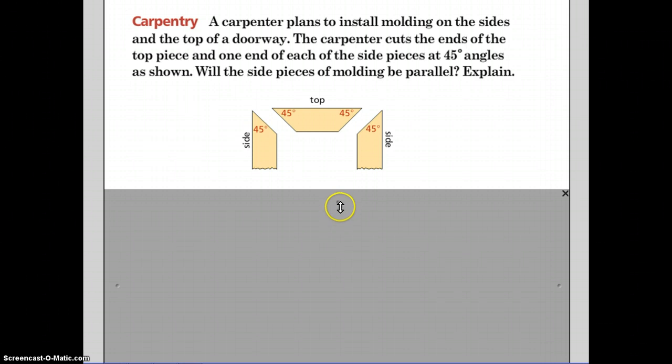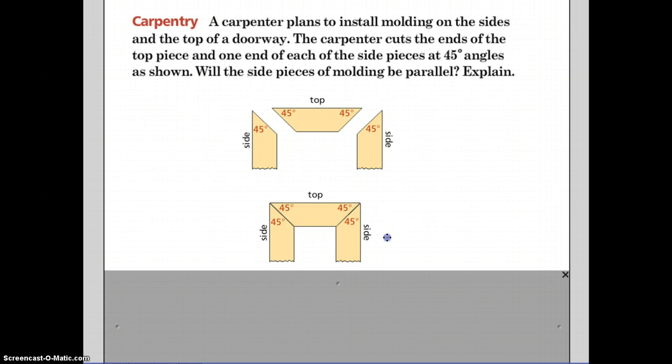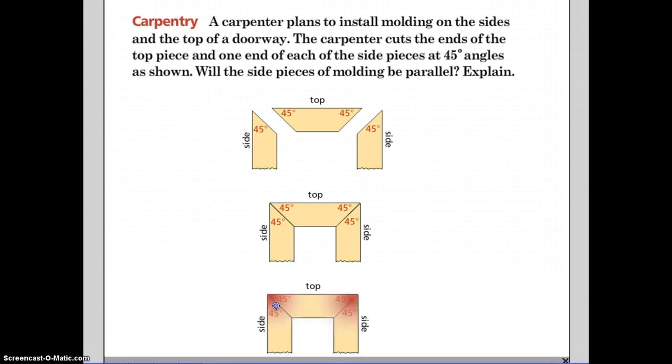And explain this. So what we need to do is put all of our molding together and see what happens. If we put our molding together this way, we have a 45 and a 45, which makes a 90, and a 45 and a 45 this way, which also makes a 90. So if you look at this as one angle, that's 90 degrees, and this is 90 degrees.